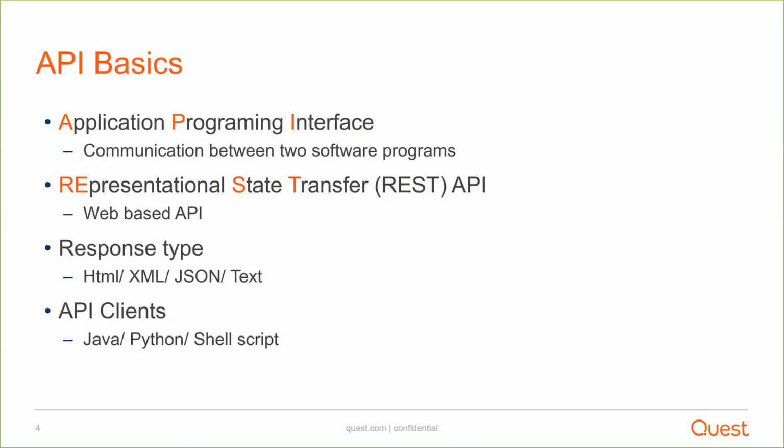So during the demo session, I'll introduce one of those API clients so that it is easier for us to see how this API works without having to go back to our programming days, for some of us at least, and do all the hard work just to see how this API works. So there are easier ways to do that.